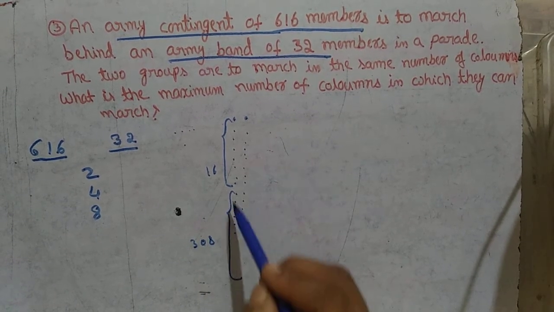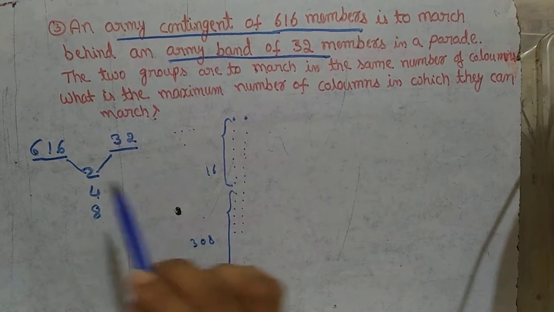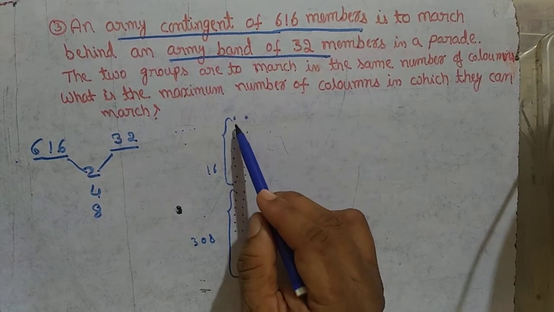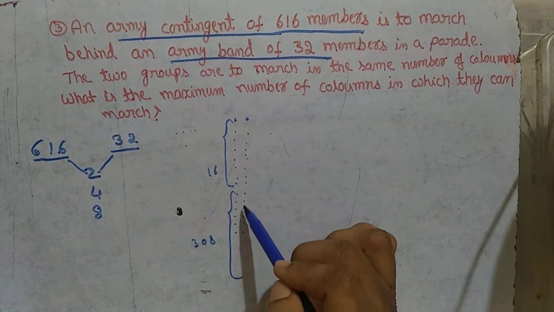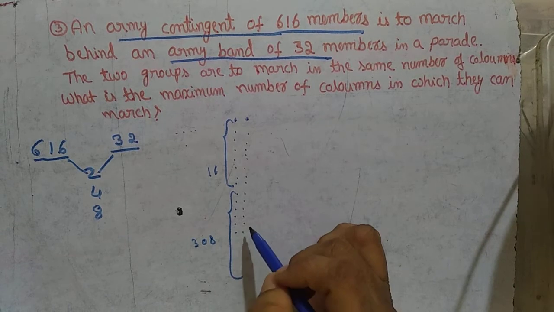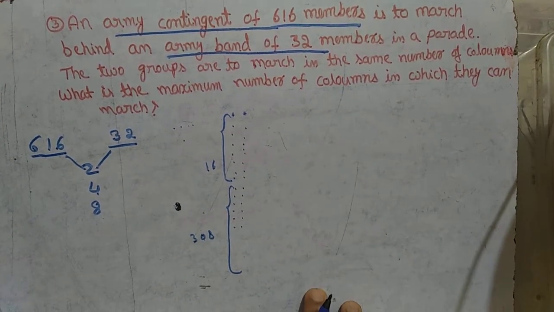Only 2 columns, because both are divisible by 2. In each column there will be 16 band people and 308 army contingent members. So it becomes very lengthy.